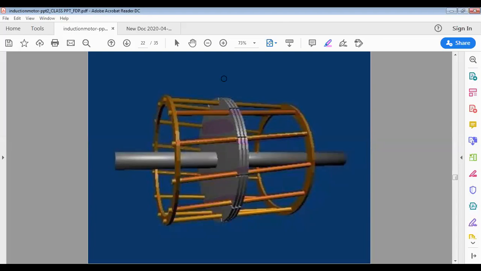Very good. So these yellow bars are made up of copper. You can use aluminum also, but if you use aluminum, then the size increases. So these are made up of copper or aluminum. In a squirrel cage induction motor, you will find windings are not there, only copper or aluminum bars are there.